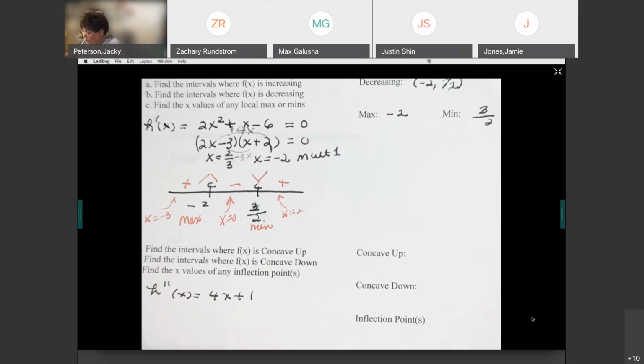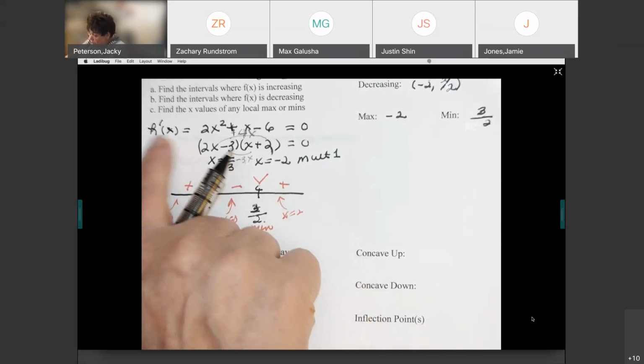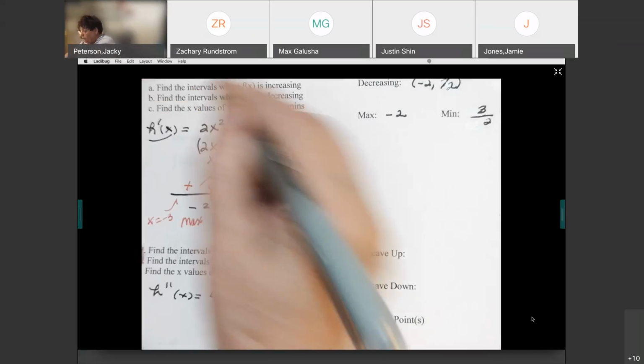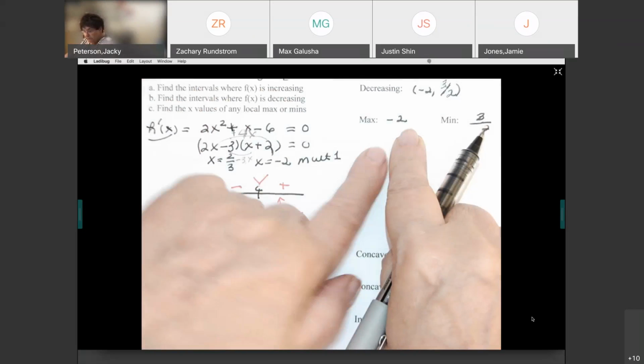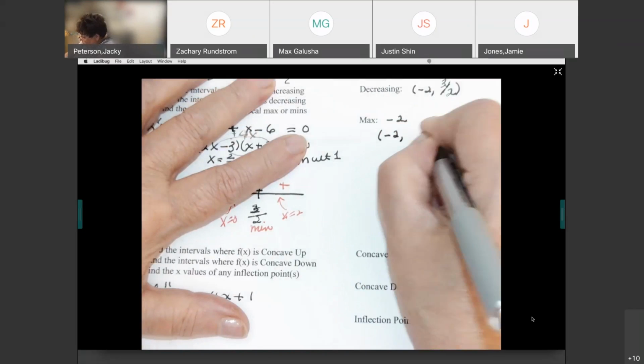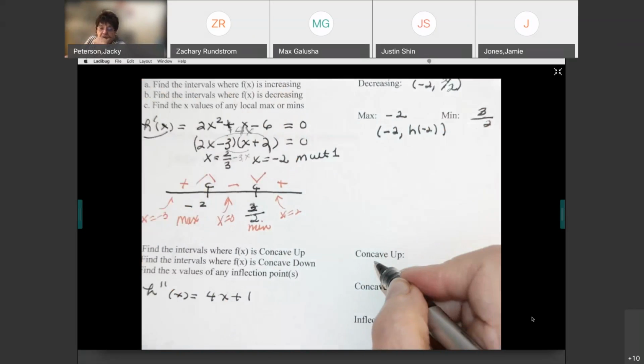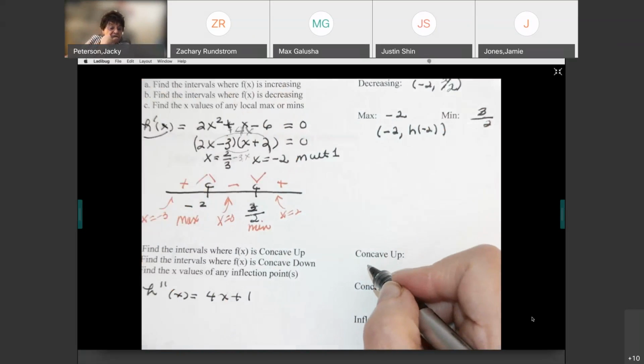Because with a prime, remember, it's telling you the direction, so it's directional. If I wanted a coordinate point, the coordinate point would be -2, H of -2. But you weren't asked for a coordinate point. You were just asked for the X values.